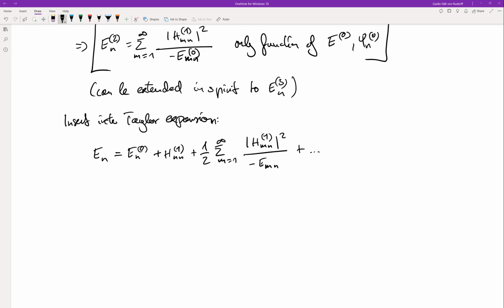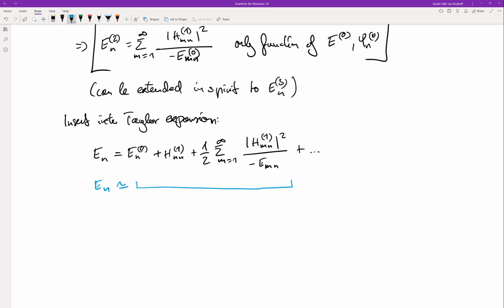So typically speaking, what you would do is you would say, all right, maybe second order already is pretty good. And how about we stop there? So then what you get is, if you were to do this, then you have E_n is roughly this part here.